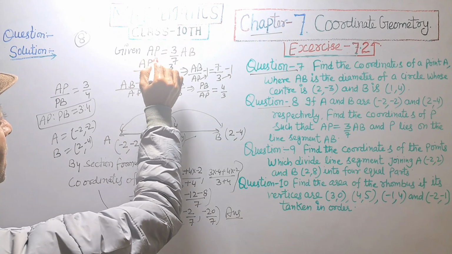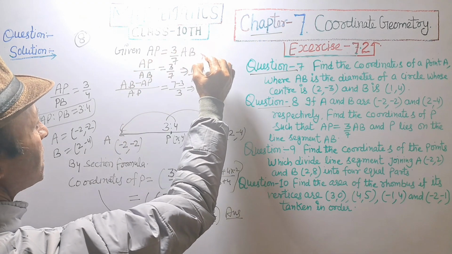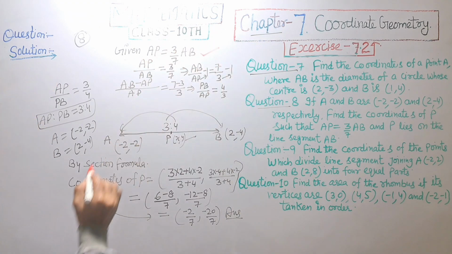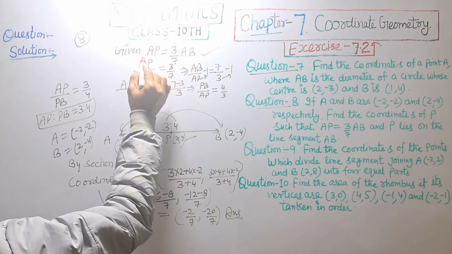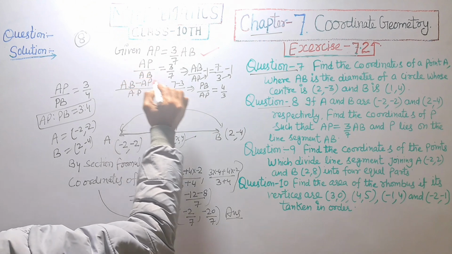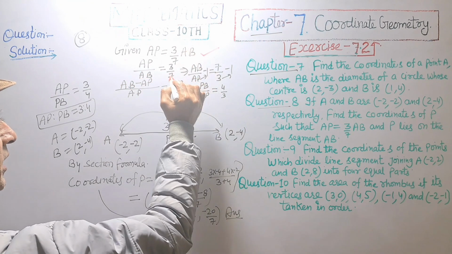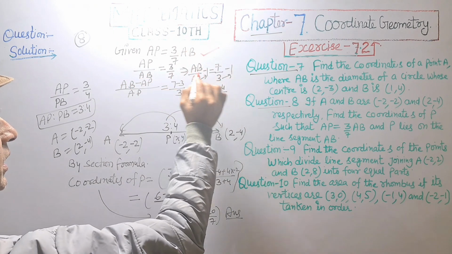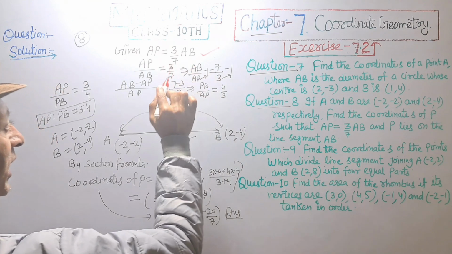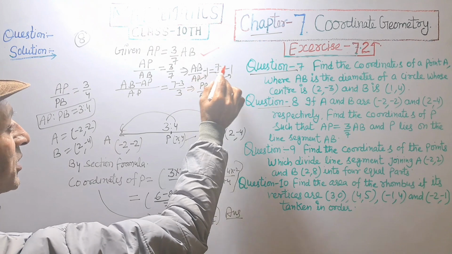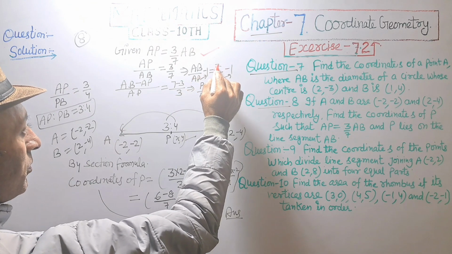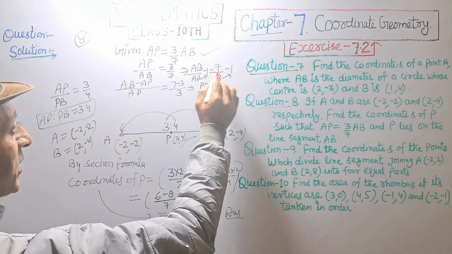Given, we have AP is equal to 3 upon 7 times AB. So AP upon AB is equal to 3 upon 7, and their reciprocal can be written as AB upon AP is equal to 7 upon 3. We get AB upon AP minus 1 is equal to 7 upon 3 minus 1.